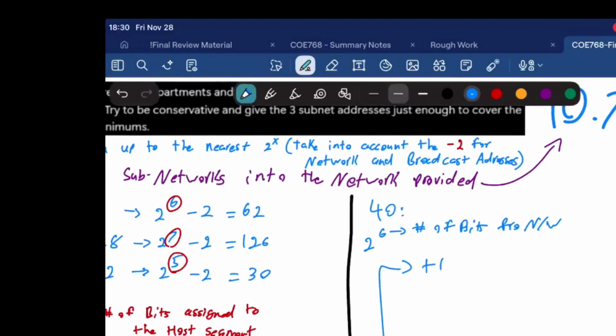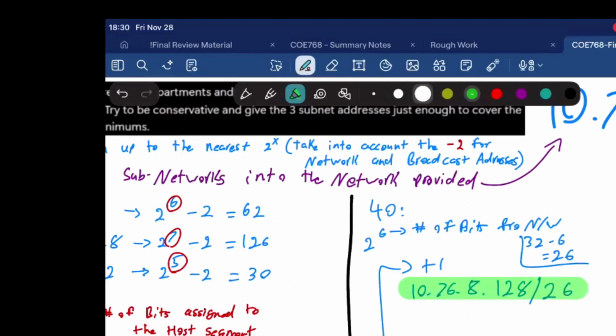That would be our network address: 10.76.8.128 slash, once again here we do 32 minus 6, 26, and we're given 26 for our subnet mask.